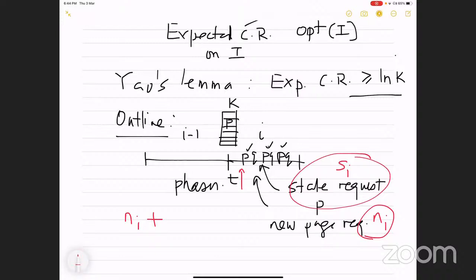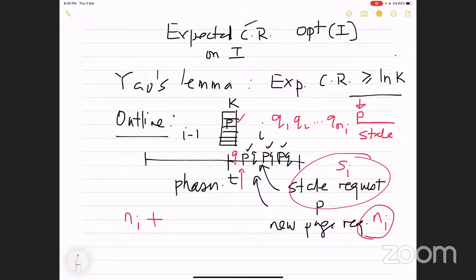Let's take a simple example where all the new pages, let's say Q1, Q2, are accessed first, and then you access some of the stale ones. Let's say some page P is accessed, which is a stale page, which was there in your cache. So what's the probability that when you access this page P, there is a cache miss?